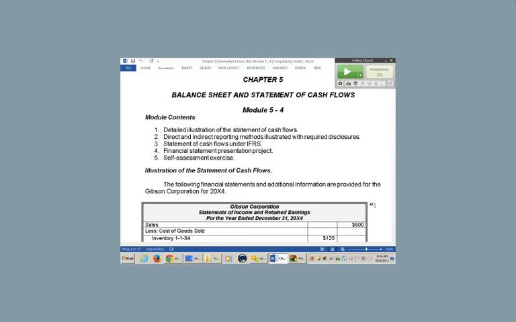I'll show you a little bit about the IFRS statement. I also want to talk very briefly about the financial statement presentation project, which has been put on hold. You should be aware of what's in the pipeline. And then finally, there's the self-assessment exercise, which I will ask you to do.